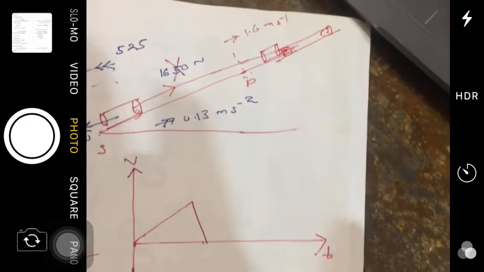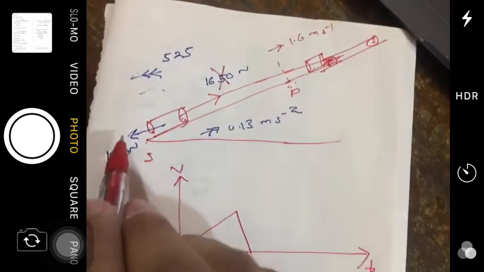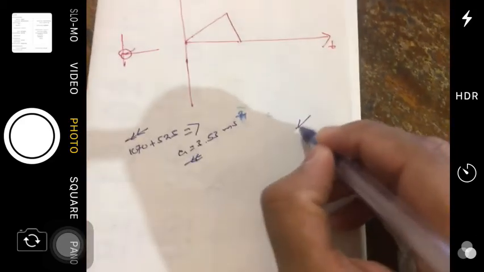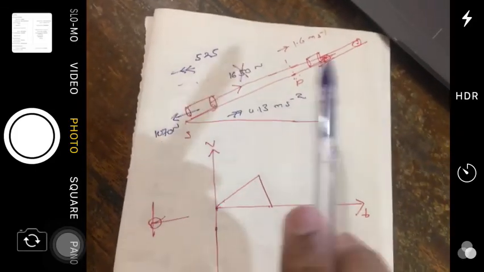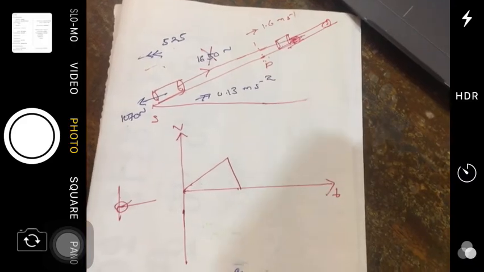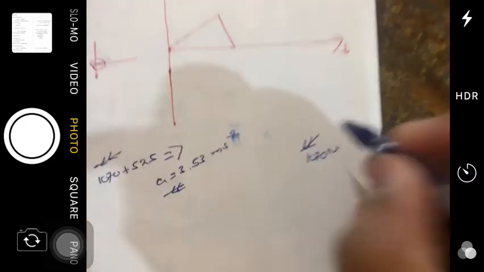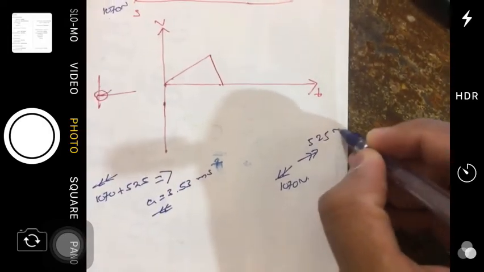After that, the log will have a downward force of the component of the weight, 1070 Newton, but just a small change will happen. The friction will start acting upward, because now the log will try to move downward, hence the frictional force will act upward. So you will have a frictional force of 525 Newton upward.